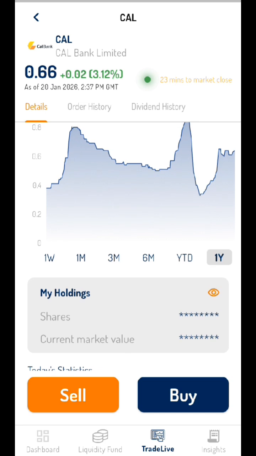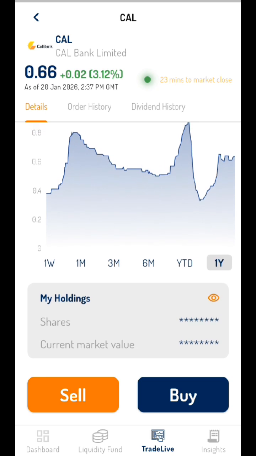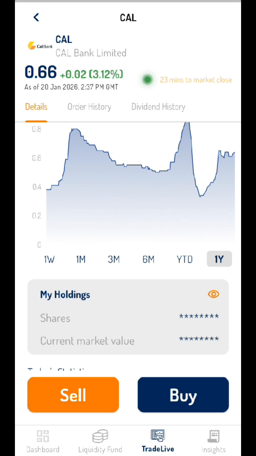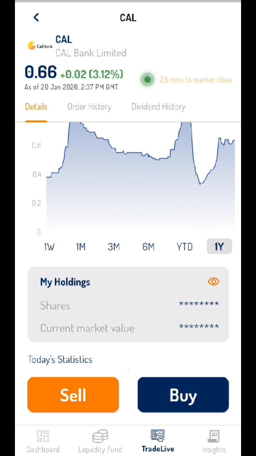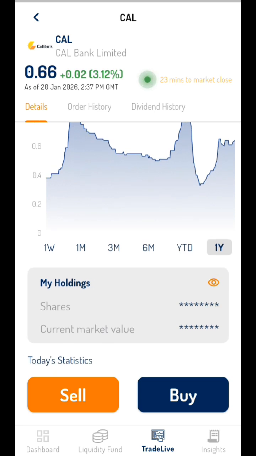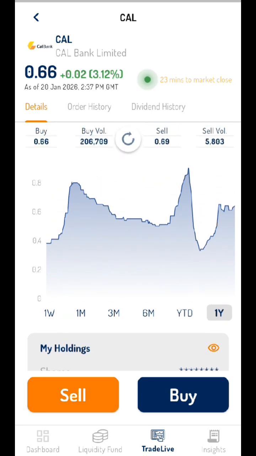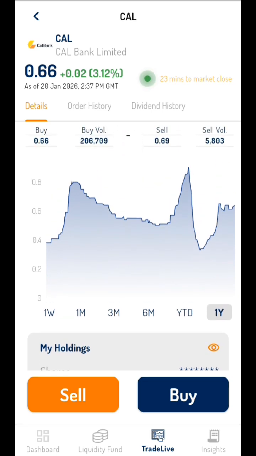The time period in question is 2:37 p.m. GMT on 20th January 2026. So at that particular time, demanders are willing to buy each share for 0.66 pesos.